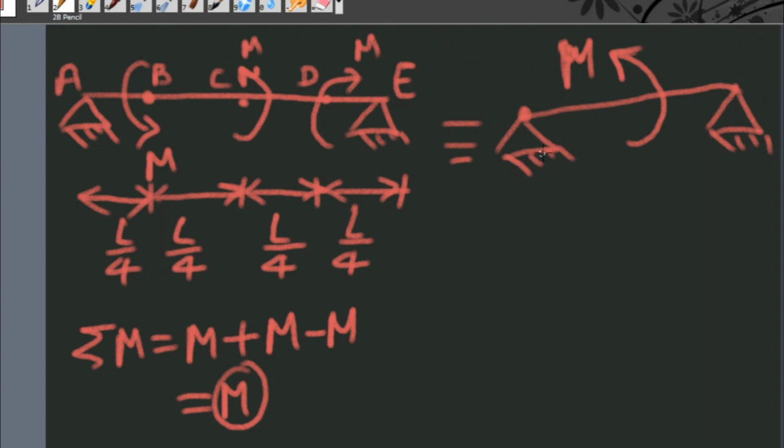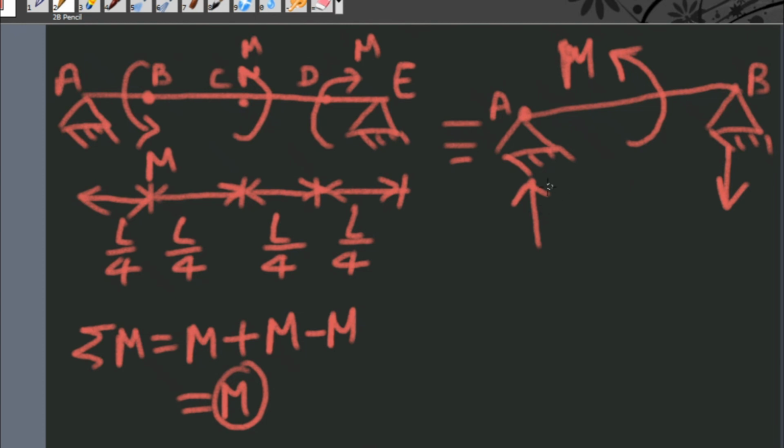Now for the reaction at the point A: when the moment is in the anti-clockwise direction, the reaction opposes it in the upward direction. So the reaction at the point A will be in the upward direction and at point B in the downward direction. So from the diagram we can give the direction directly.